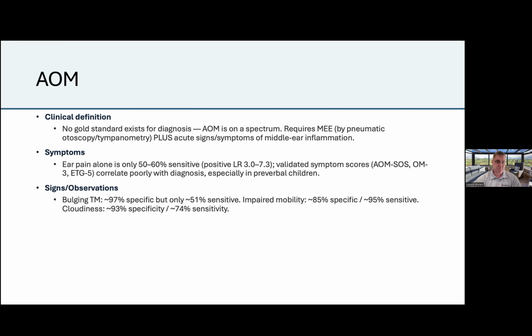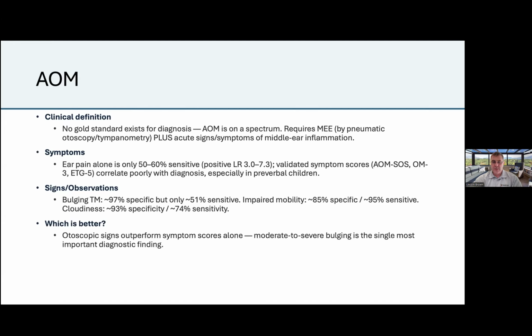Symptoms alone, ear pain, only 50 to 60% sensitive. Validated symptom scores did a very poor job correlating with diagnosis, especially in a preverbal child. Versus the signs that we see, that bulging, that's 97% specific, but only about 50% sensitive. The impaired mobility, with positive and negative pressure, is a little less specific, but much more sensitive. And the cloudiness is also important.